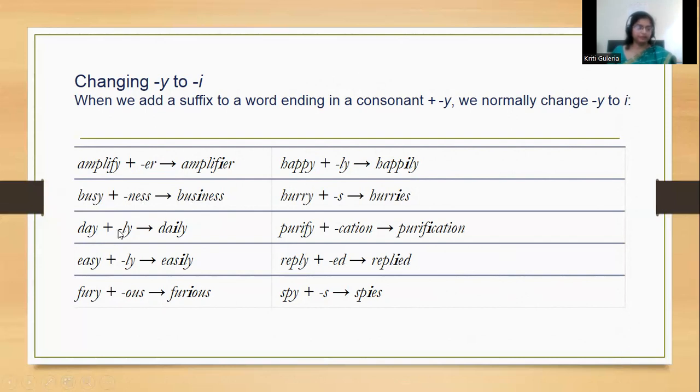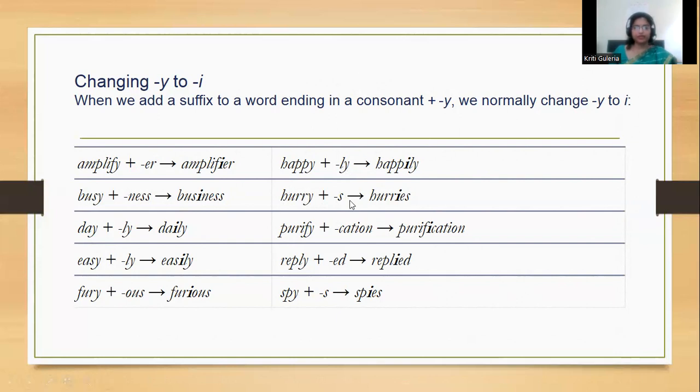Day becomes daily. Again, Y is being replaced by I. Easy, easily. Fury, furious. Again, Y is being replaced by I, and then a suffix has been added to make a new word. Happy plus ly becomes happily.